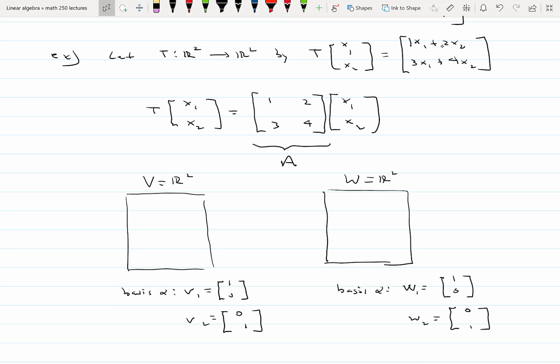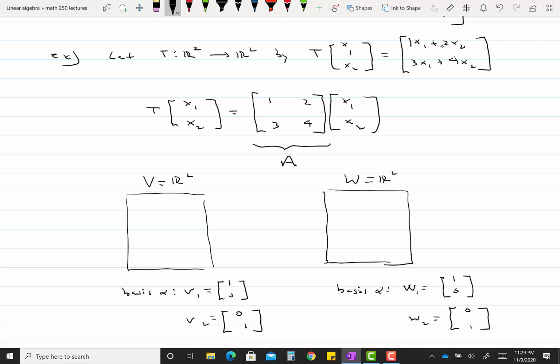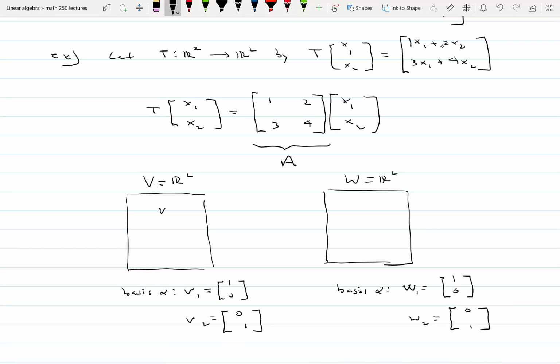is to see what the action is on the individual basis vectors. So let's take V1 and compute T of V1, and V2 and compute T of V2.